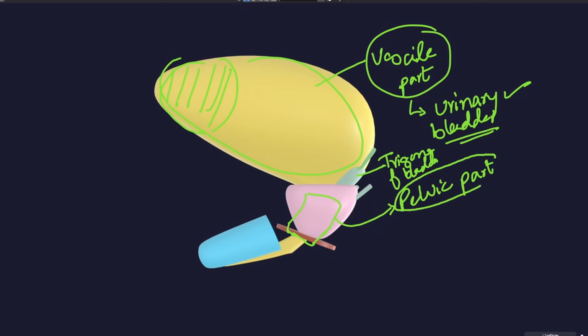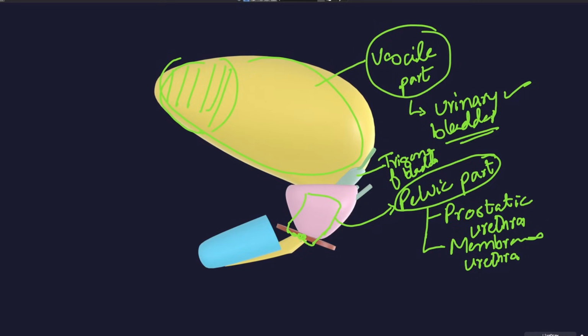In males, in females it's different. In males it will form the prostatic urethra, as well as the membranous urethra.